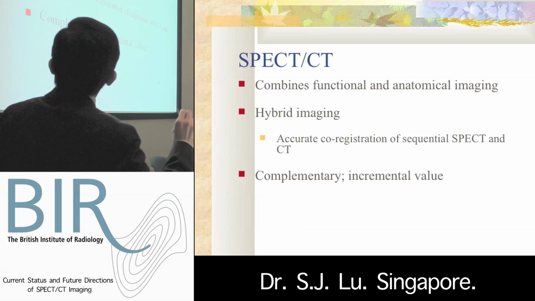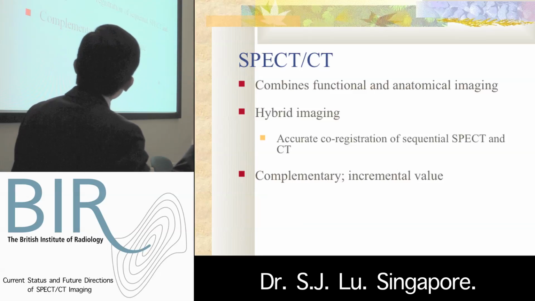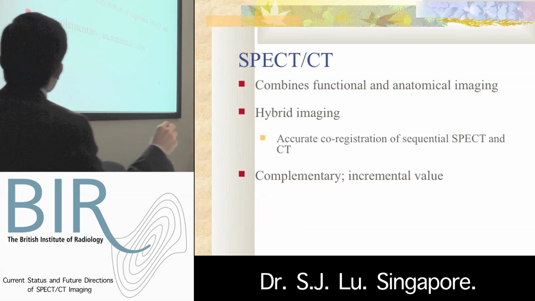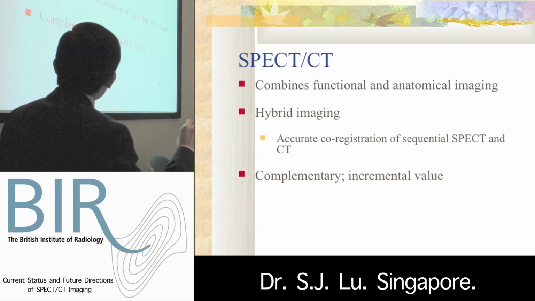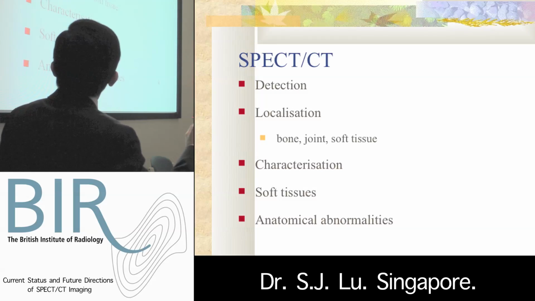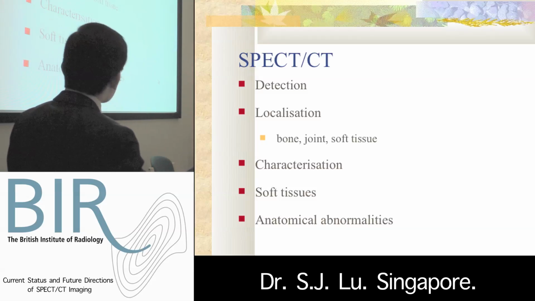And the hybrid SPECT CT combines functional and anatomical imaging and allows accurate co-registration of sequential SPECT and CT. And also SPECT and CT are complementary with incremental value. And of course, this results in better detection, localization, and characterization of bone lesions.